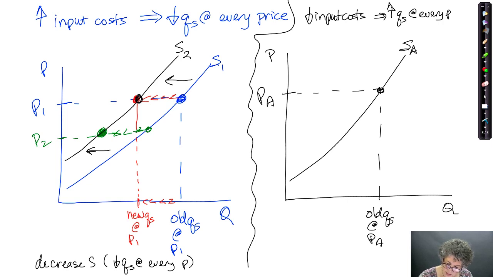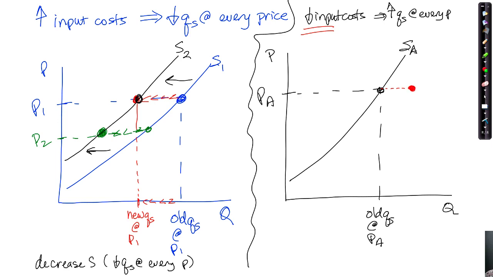And now as a result of input costs getting cheaper, the businesses would want to produce and sell more frozen yogurt at a price of P sub A. And so there would be a new higher quantity supplied at that price P sub A. That same thing would happen over and over at a price of P sub B. You'd get the same answer. Oh, now I want to produce more.